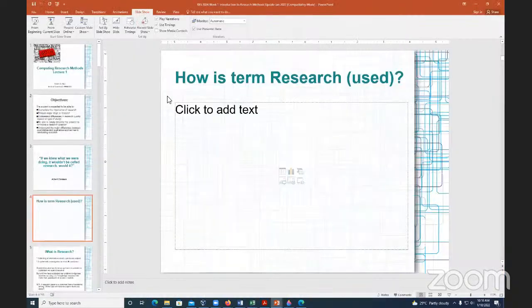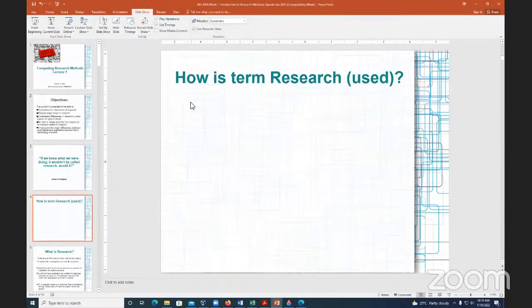I want to know, how is the term research used? So far we had one person saying that he thinks there's something called basic research, which is basically about defining the fundamental concepts in a term. Anybody else? How is the term research used?